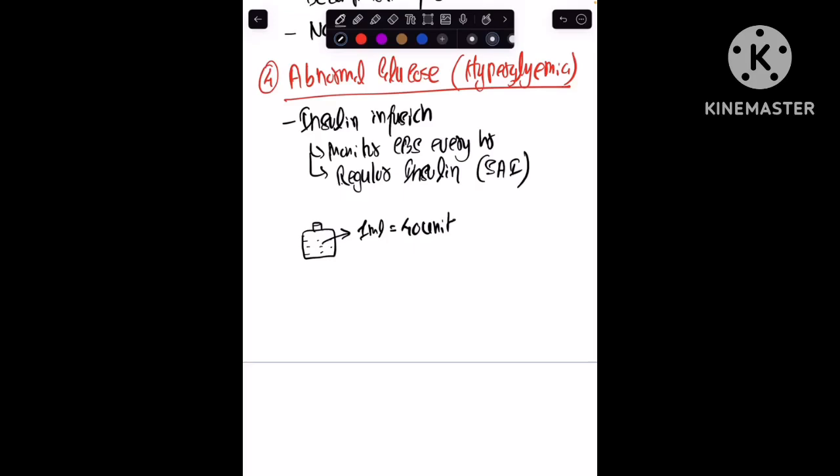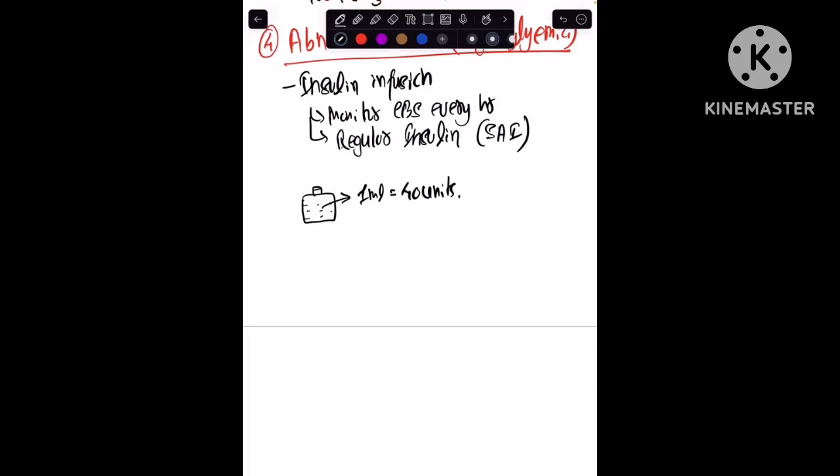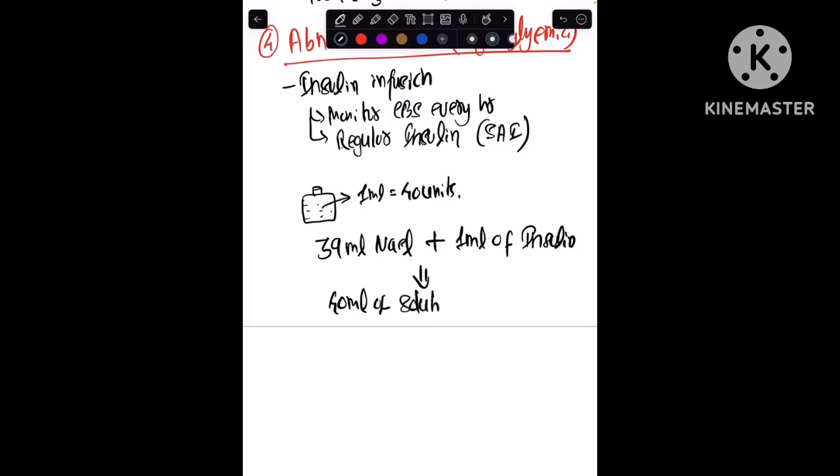So for the insulin infusion, we take 39 ml of sodium chloride and mix it with 1 ml of insulin. So we make a solution which is 40 ml containing 40 units of insulin.